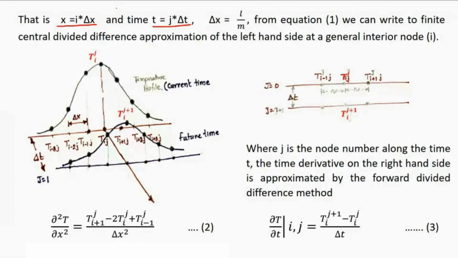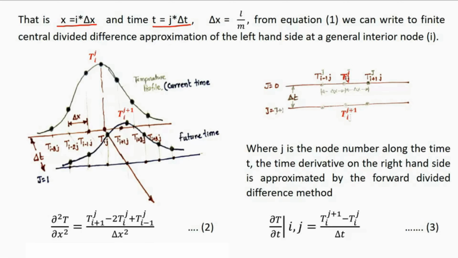This same concept we used in elliptical equations in the previous case. See here also, x deals with the x direction and time deals with the y direction, the j node. Here you can see this is the line, and along this line there will be a temperature variation.